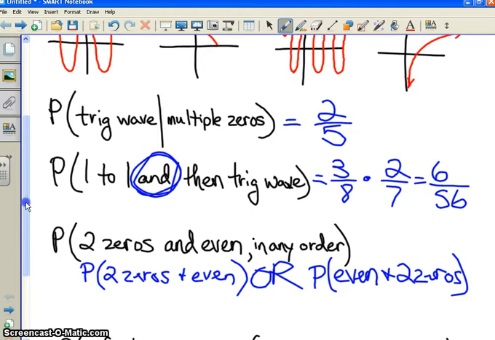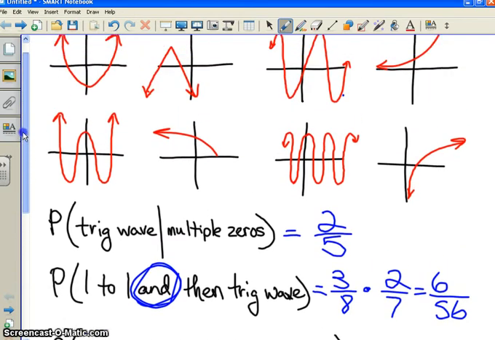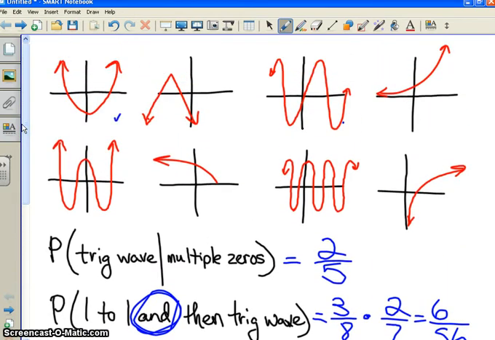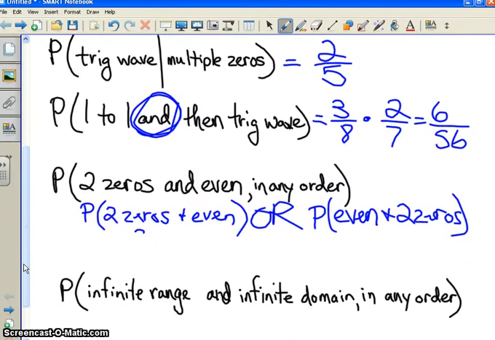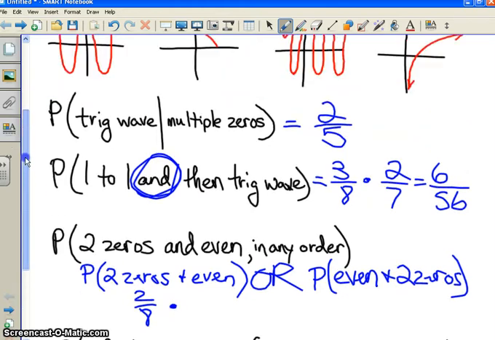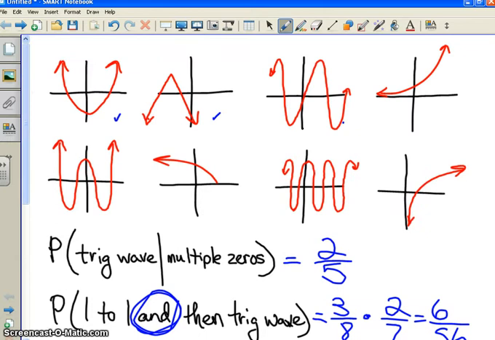So the probability of me picking a card with 2 zeros would be here and here. 2 of the 8 cards have 2 zeros. And, which means multiply, now we want a function that's even, which means when you plug in opposite x values, you get the same y values out. Or, in terms of a graph, it is symmetrical about the y-axis.